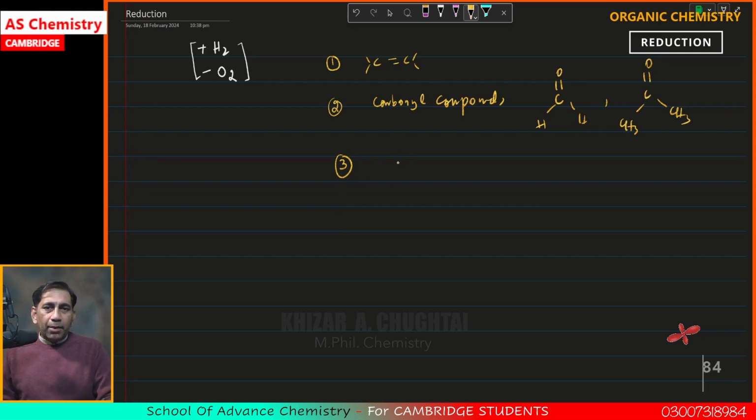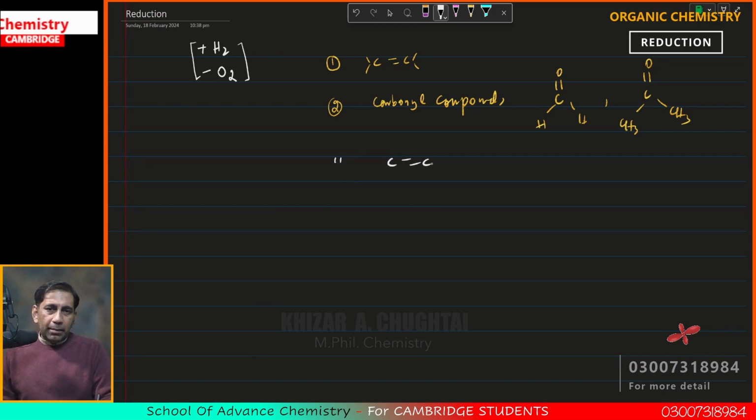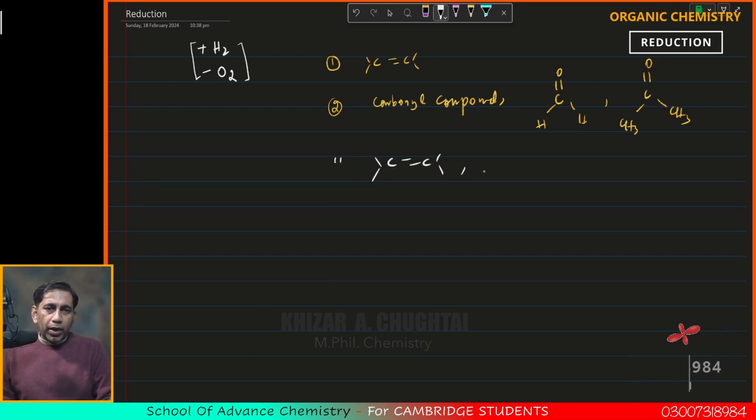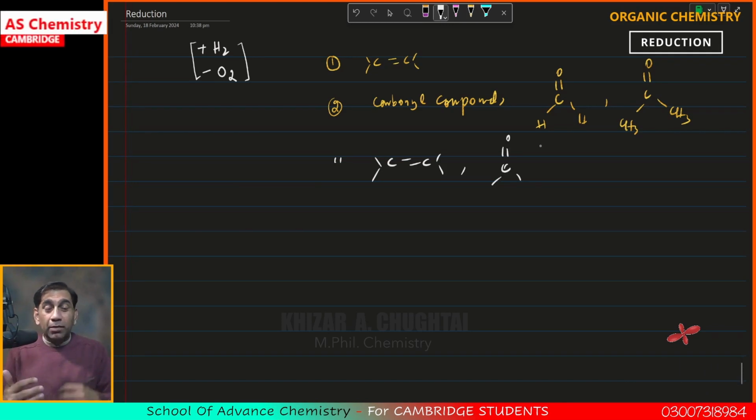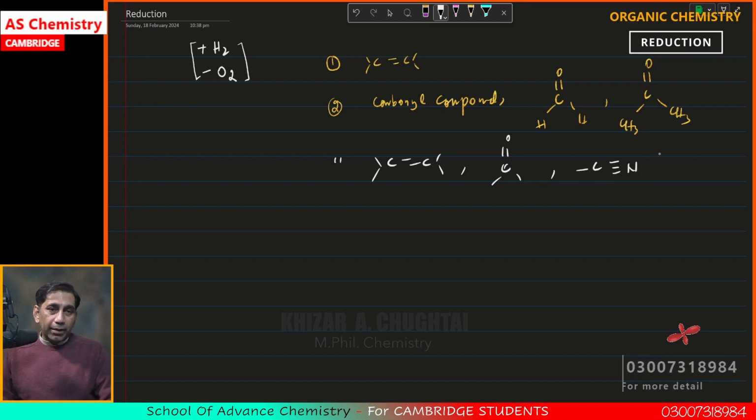Overall, we can reduce, number one, once again, carbon-carbon double bond. We can reduce C double bond O compounds. They may be aldehyde, ketone, acid, ester, or amide. And we can reduce nitriles, C triple bond N compounds.